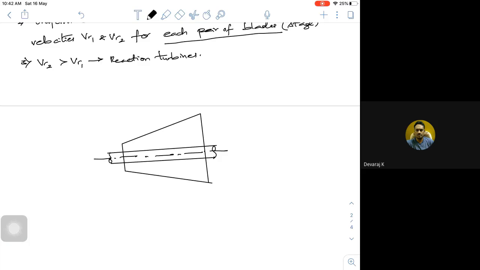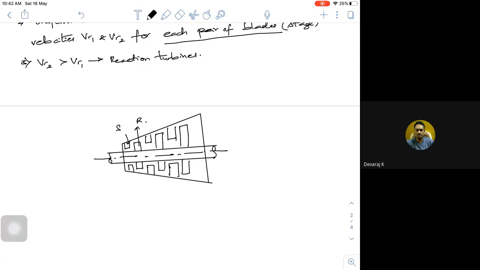The rotor will have blades like this, and the stator will have blades like this, and each such pair is called one stage. This is my stator, and this is your rotor.